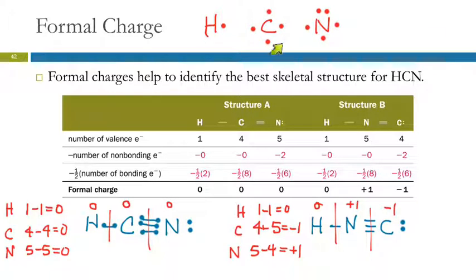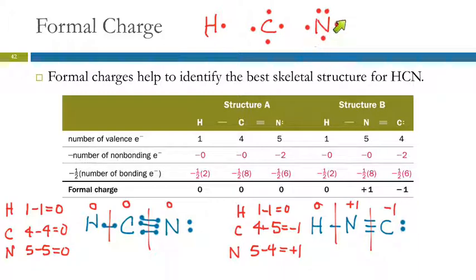Carbon has 4 unpaired electrons. When carbon makes 4 bonds, it will have a 0 formal charge. So we look here at this carbon, it's got 4 bonds, a triple over here and a single. That's good. So you need to know how to do this, but you can also look at this and avoid the math. So here carbon has 4 bonds, that's good.